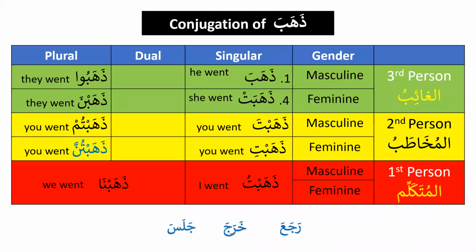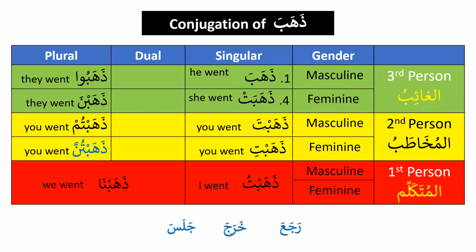Now the conjugation of dhahaba is complete for the singular and for the plural. The dual, inshallah, we will complete in the following lessons. So dhahaba and dhahabu, he went and they went, and dhahabat and dhahabna. So for the third person, we have completed now dhahabat and dhahabna.